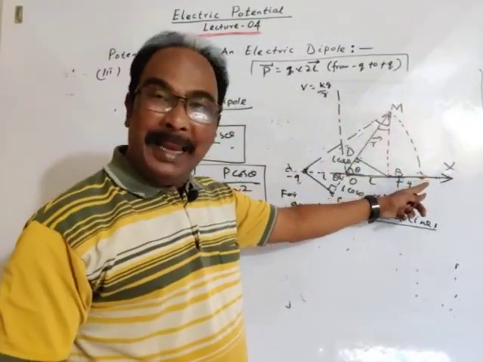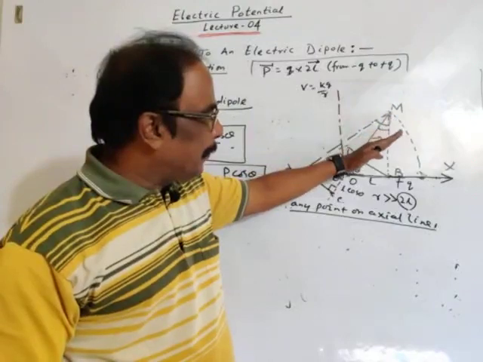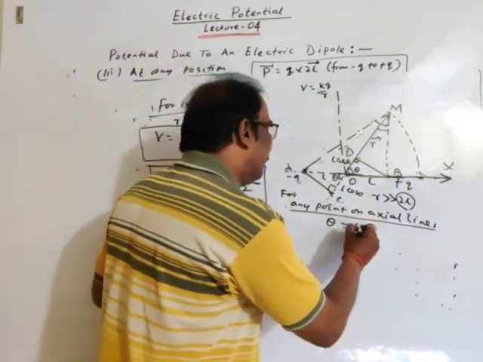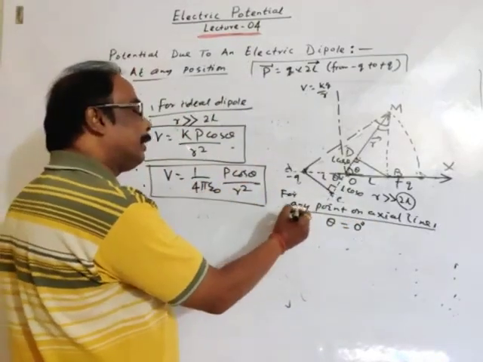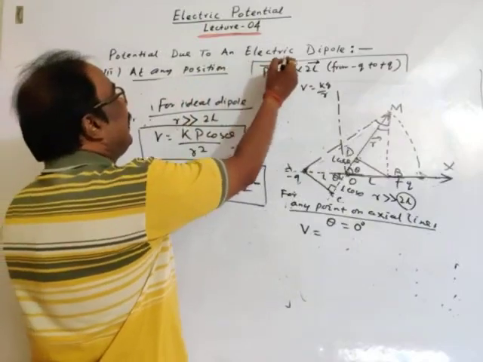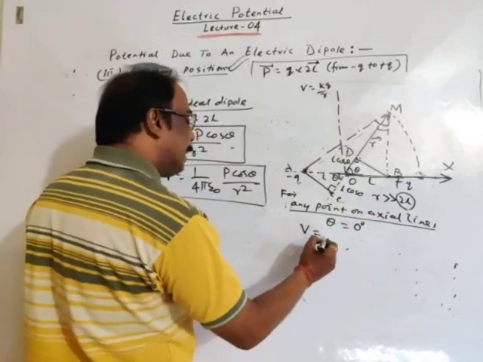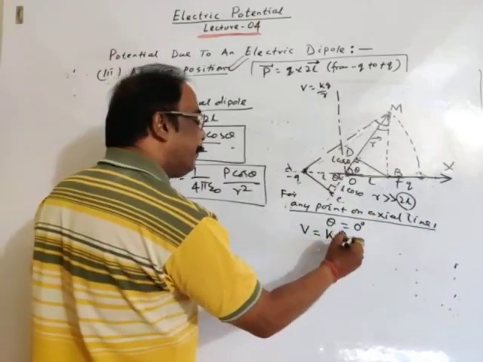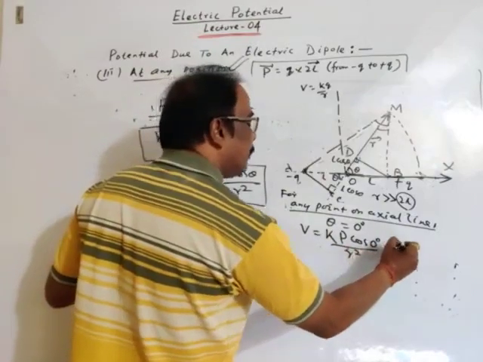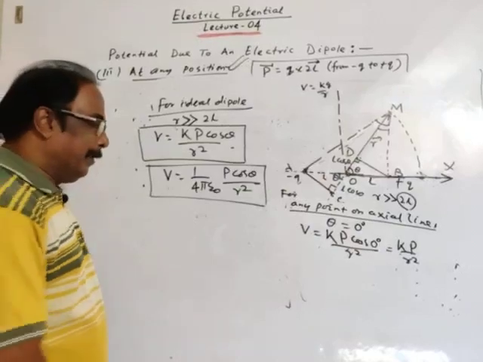If M becomes any point on the axial line, then the position vector will go to the axial line and theta will be 0 degree. If theta is 0, then the electric potential due to an electric dipole at any point on the axial line is V equal to kp cos 0 divided by r square, which equals kp by r square. We have got it.